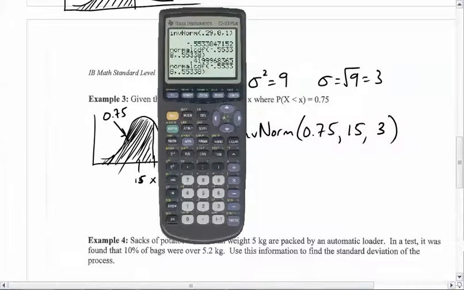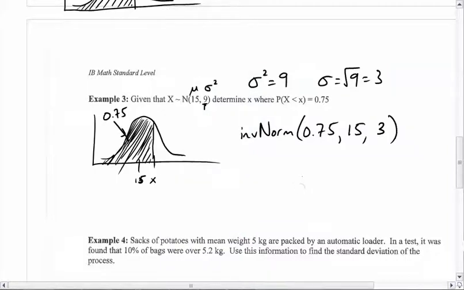So inverse normal, second enter, second enter. I want 75% of the data with a mean of 15, standard deviation of 3. So that means I need to go up to 17 in order to get 75% of the data.